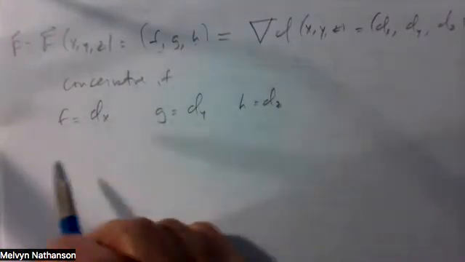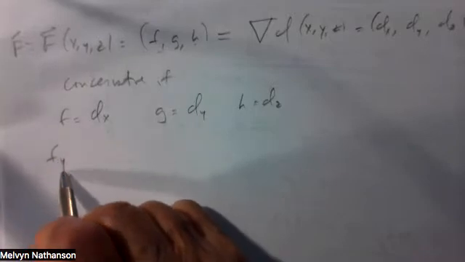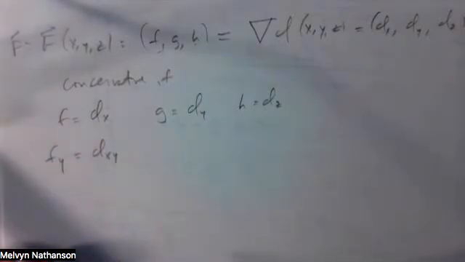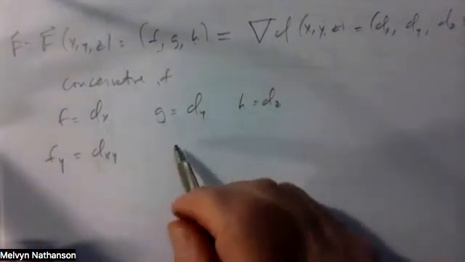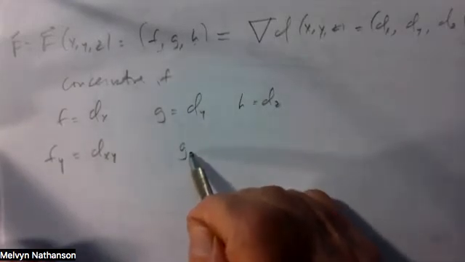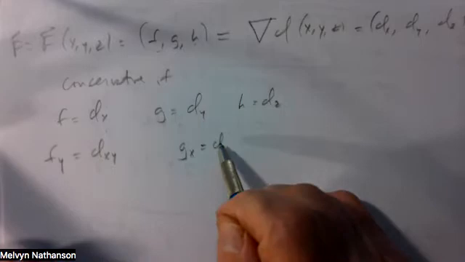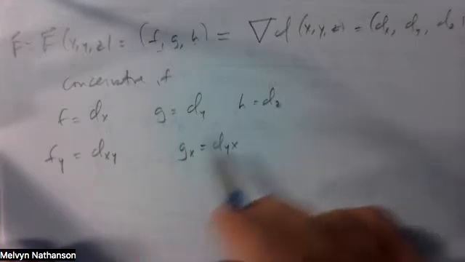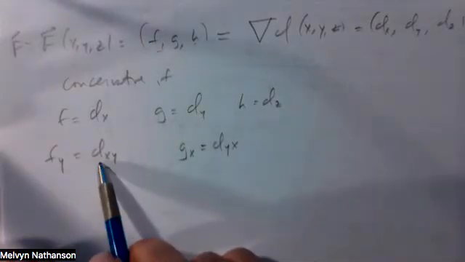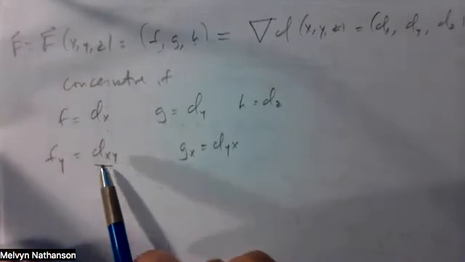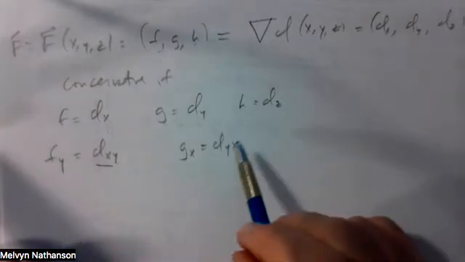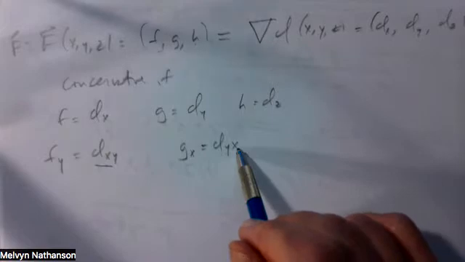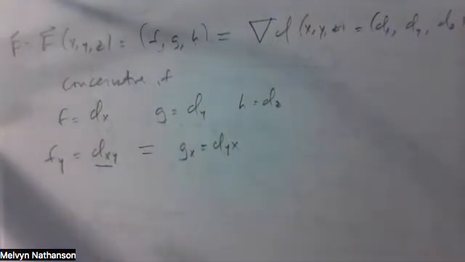Now, if this is satisfied, if I take the partial of F with respect to Y, that's the partial of phi first with respect to X and then with respect to Y. If I take the partial of G with respect to X, that's the partial of phi with respect to Y and then differentiate it with respect to X. And if these second derivatives are continuous, when you differentiate phi first with respect to X and then with respect to Y, you get the same function as if you differentiated first with respect to Y and then with respect to X. So these are going to be equal.